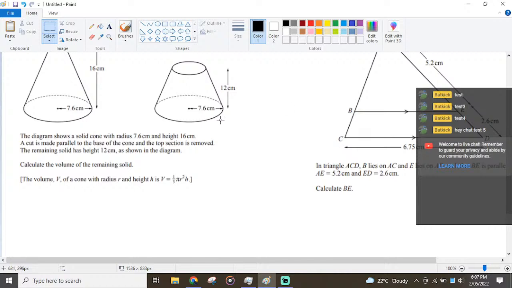Well, it would be the volume of the original cone, minus the volume of the small cone.